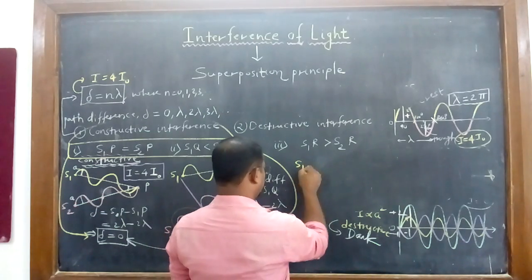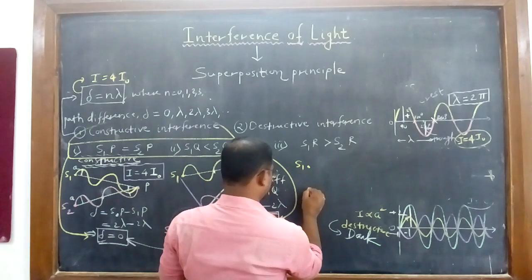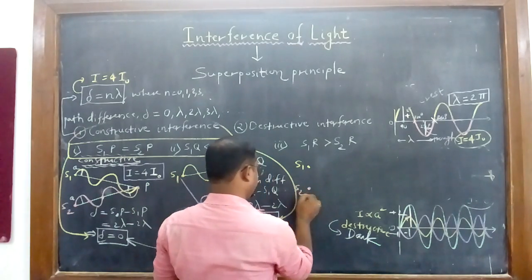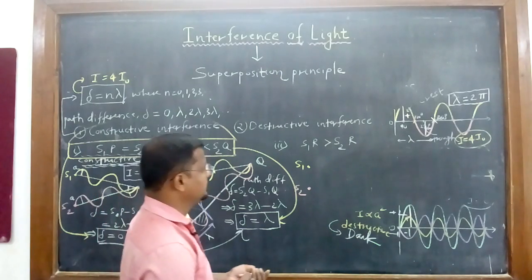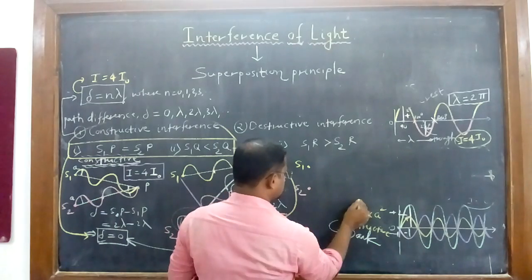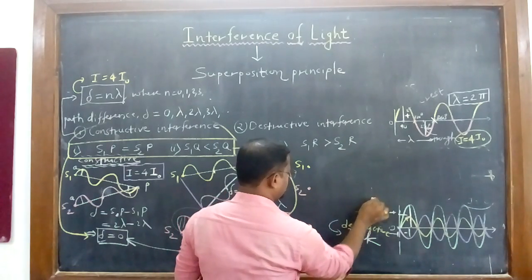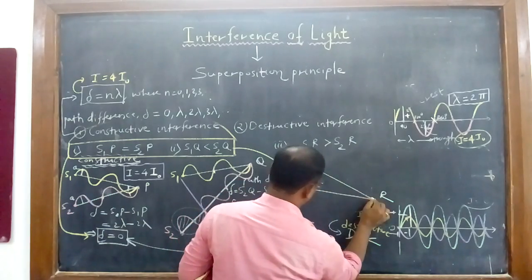So now I am going to draw this diagram. This is S1 and the next I am going to represent here S2. Now S1R is greater than S2R. So S2R is less here, so your point is somewhere here. This is the point R. So clearly S1R is greater than S2R.